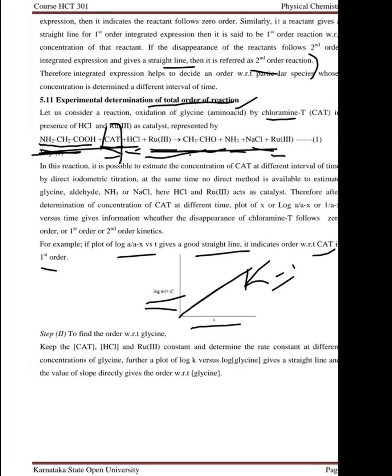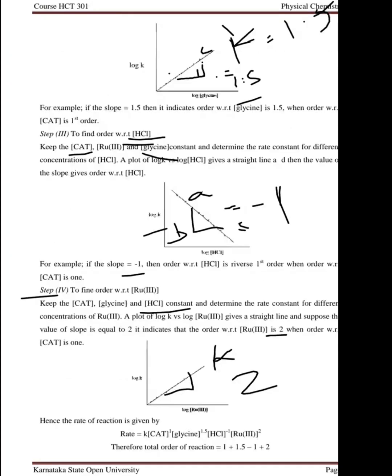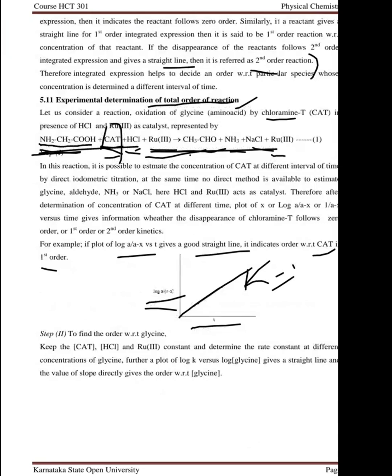So we need to identify the total order of the reaction. To calculate it, the rate of reaction is given by, see, this for the first order here for glycine.